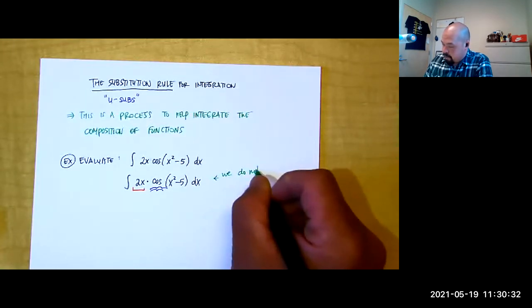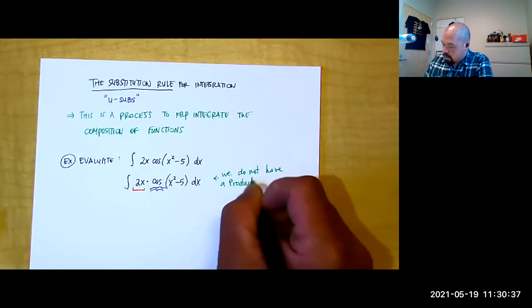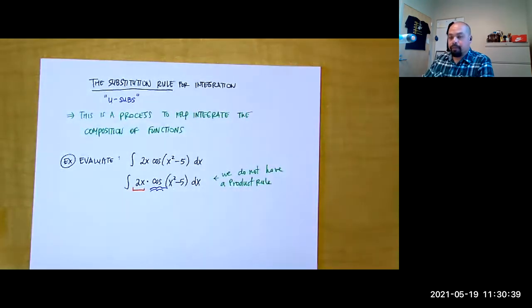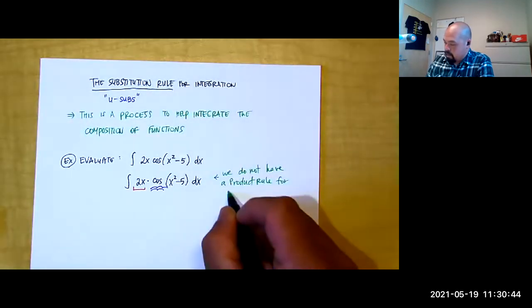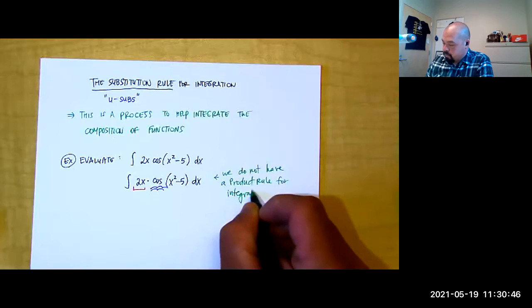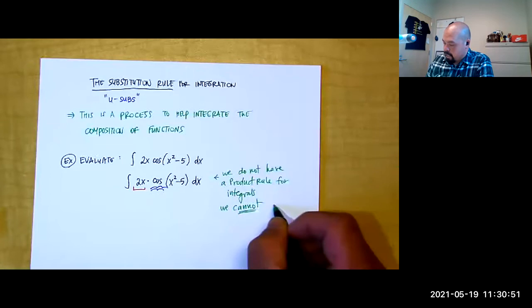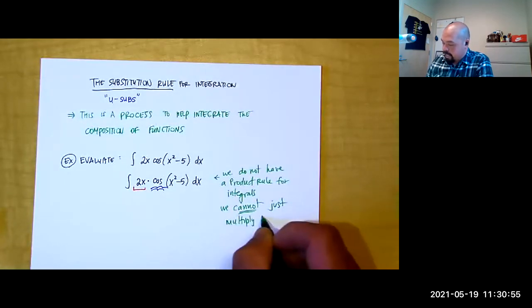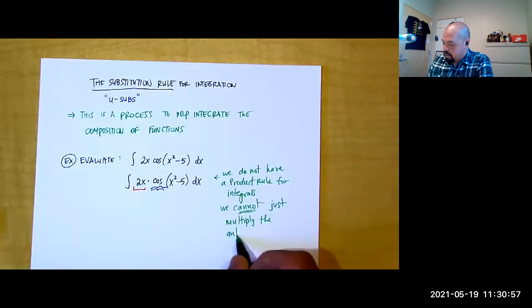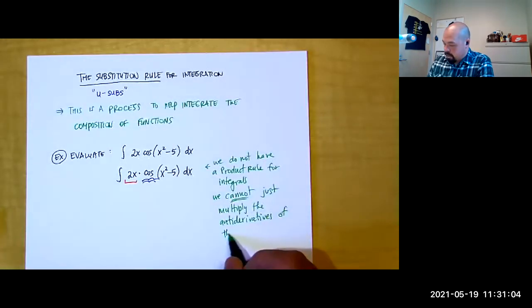We do not have a product rule for integrals, for integration. We cannot just multiply the antiderivatives of the separate functions.